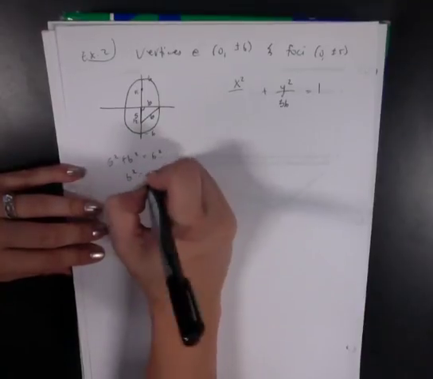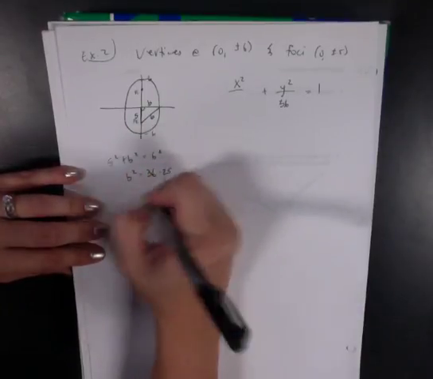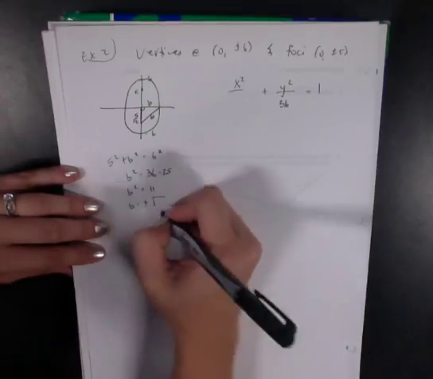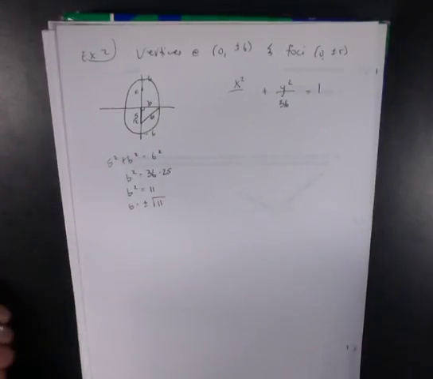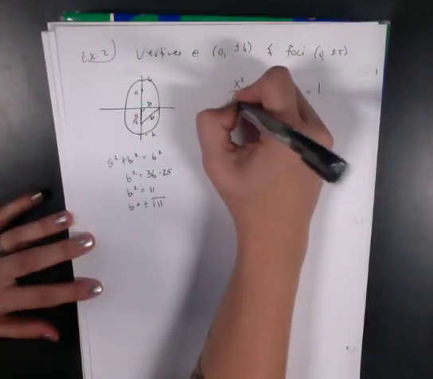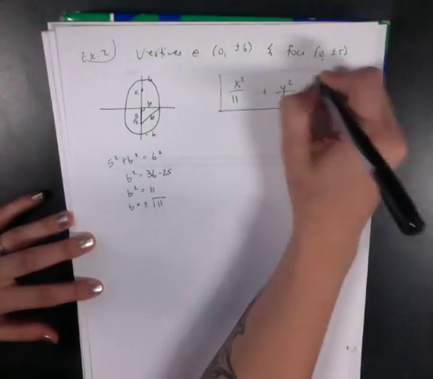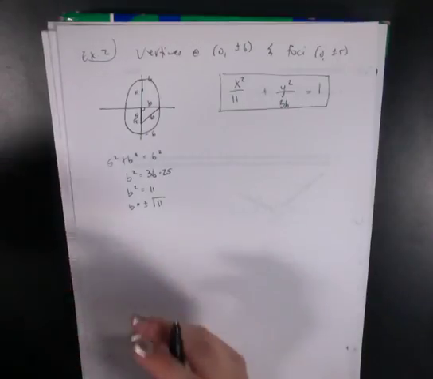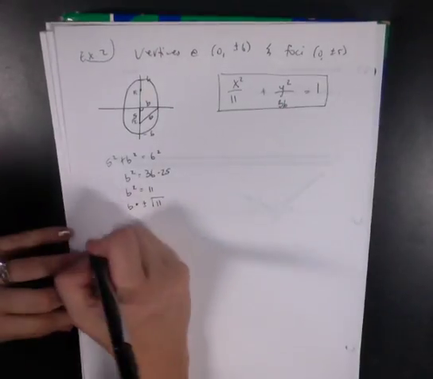So b squared is 36 minus 25. So b squared is 11. So b is plus or minus the square root of 11. So this value I square and put here. The square root of 11 squared is 11. Okay. Let's do another example, a little bit harder.